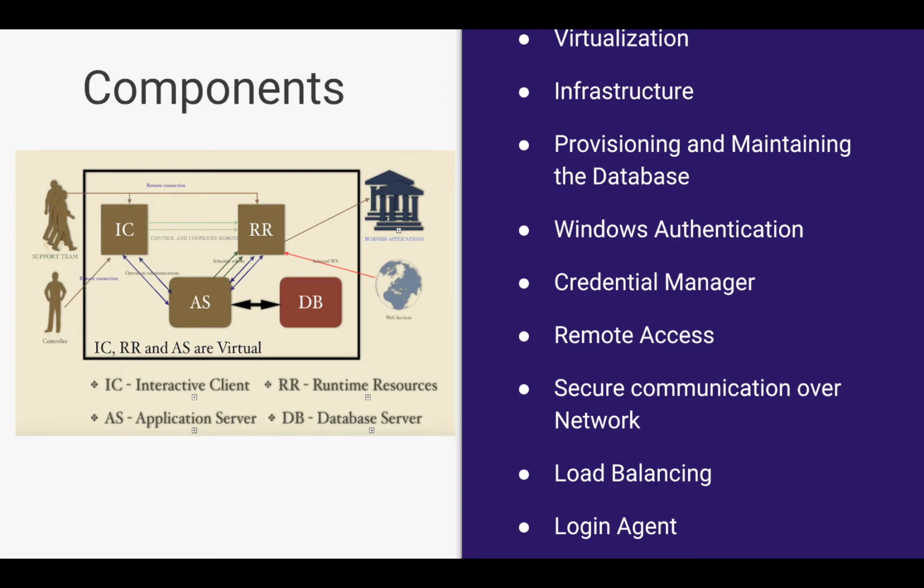Similarly, application servers communicate to all the other components over the network. So the whole communication should be secure. That is one of the most important aspects for a technical architect to consider while designing the Blue Prism implementation. So we'll cover this point in the secure communication over the network chapter in the next video.